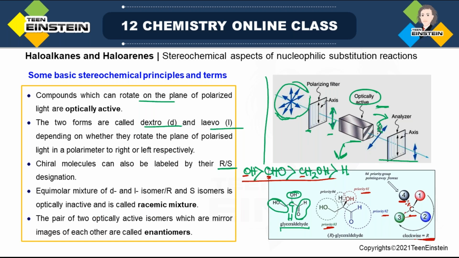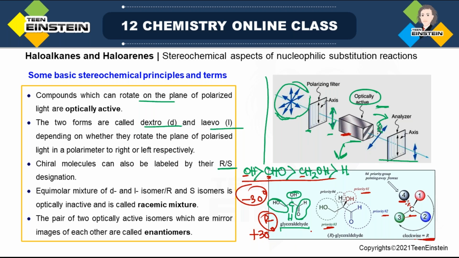Now suppose this particular molecule is the R configuration. If you make a solution of it and plane polarized light goes through it, suppose it rotates by an angle theta of plus 30 degrees. But if you take the same molecule that is S, it will rotate minus 30 degrees. This is the property of enantiomers, because the R and S isomers are enantiomers.